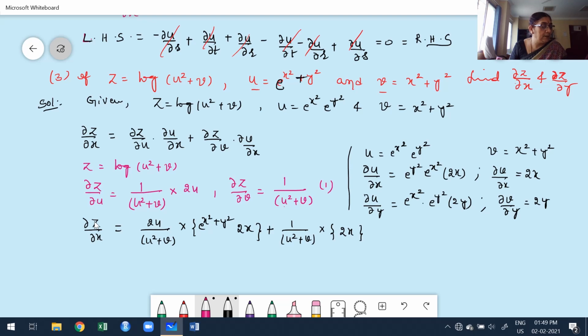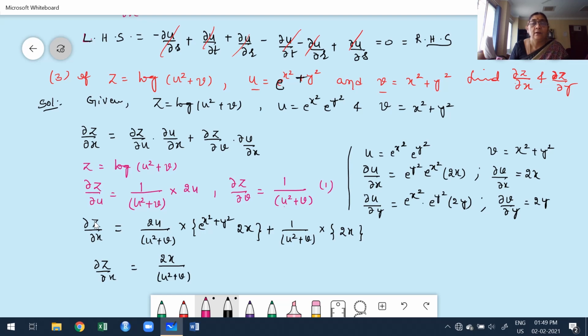I think this is clear. Before moving to the next step, in dou z by dou x, what is the common factor from these two terms? The common factor is 2x divided by (u square plus v).